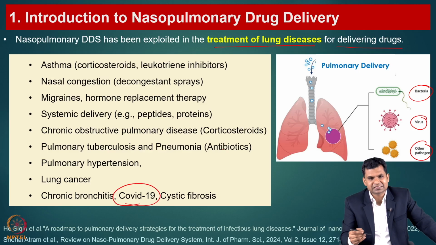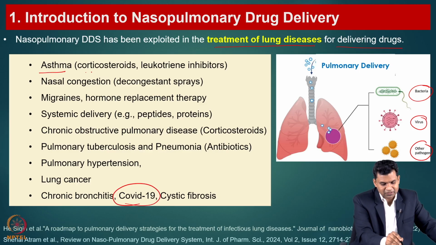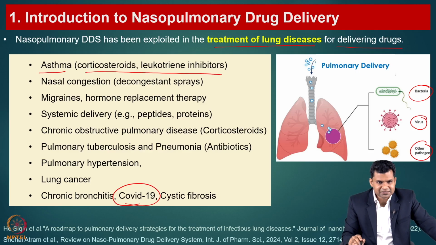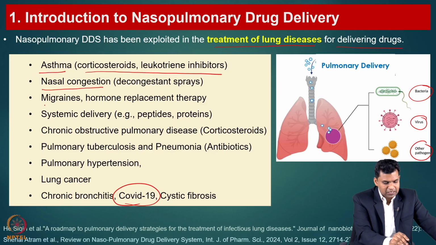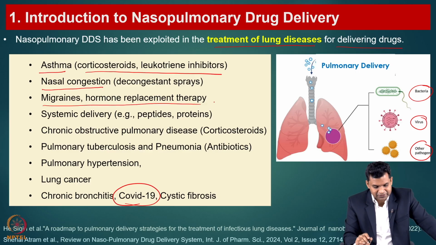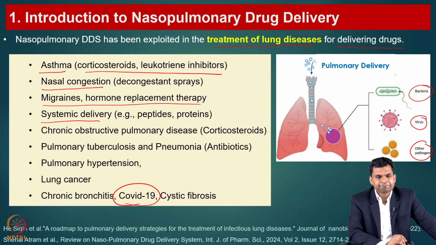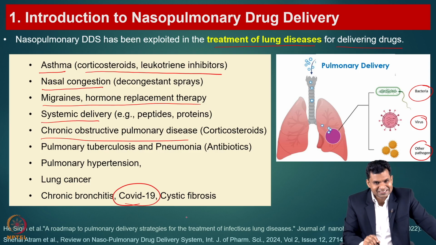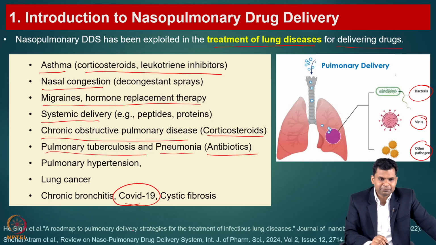To target such diseases, like asthma with corticosteroids and leukotriene inhibitors, nasal congestion, migraine, and hormone replacement therapies, and for systemic delivery, chronic obstructive pulmonary disease with corticosteroids, tuberculosis and pneumonia with various types of antibiotics, pulmonary hypertension where we use vasodilators, and lung cancer where we use various anti-cancer drugs, especially paclitaxel, right, and chronic bronchitis and cystic fibrosis.